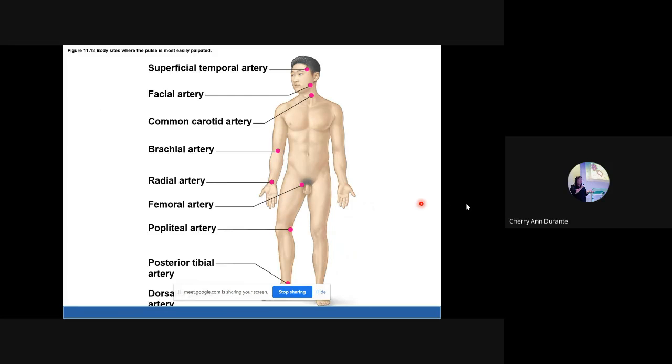So if you have a family member nearby, pull them over and palpate. Find their temporal artery. You should be able to feel it. Actually, you have that on the right side and the left side, but don't assess them at the same time. One at a time. Can you feel it? Okay. Yes, good.